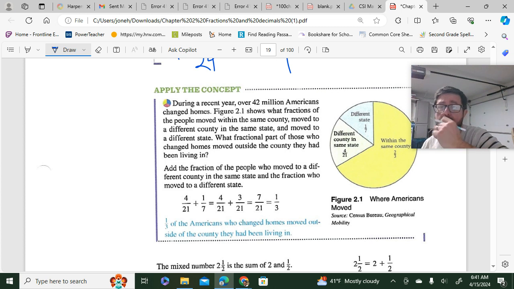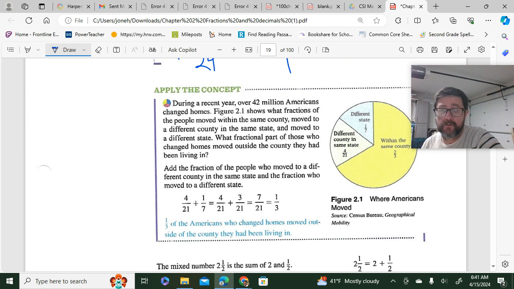Okay, so on this one down here, I'm not going to read all the stuff. You're adding 4 over 21 plus 1 over 7. Now, 7 will go into 21 3 times. So you take 3 times 7. You don't have to multiply the 21 by anything to make it go to 21.